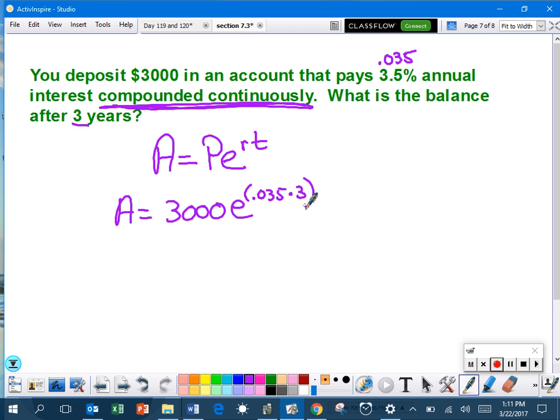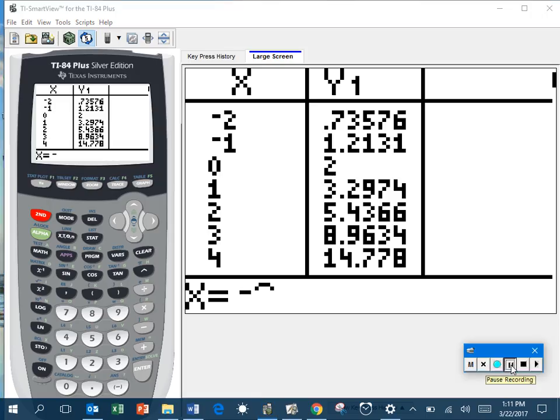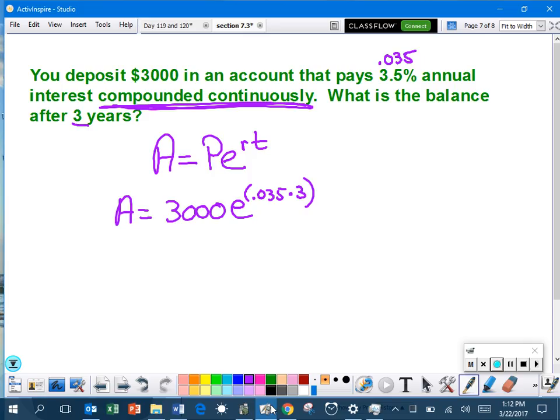All right, so take your calculator, go back to your home screen. All right, sorry if there was a funny glitch there. My calculator froze for a moment, so let me begin that again. All right, so we're going to type in 3,000 e to the 0.035 times 3 power.